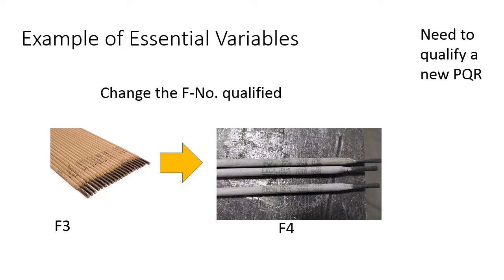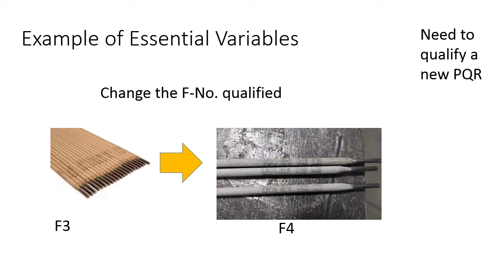Well, because filler material, as in the F number, is an essential variable, we've got to change from an F3 to an F4. So we need to go back and qualify a new PQR, a new procedure qualification record to support our WPS. Or we could write another WPS. But the bottom line is we've changed an essential variable.